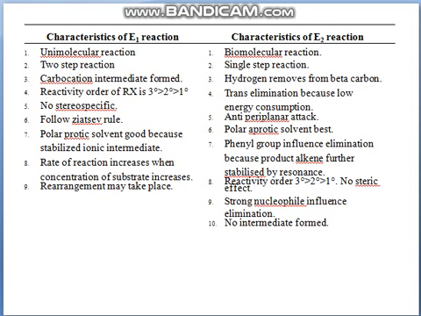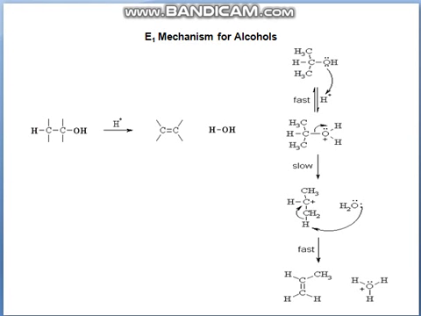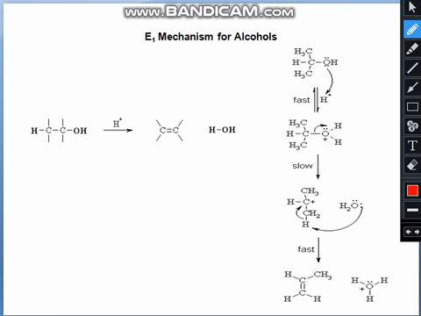Next is the E1 reaction mechanism for alcohol. This is the basic step. The first step is an acid-base reaction, meaning protonation of the alcoholic oxygen to make a better leaving group. This step is very fast and reversible. The lone pair of the oxygen makes it a Lewis base.